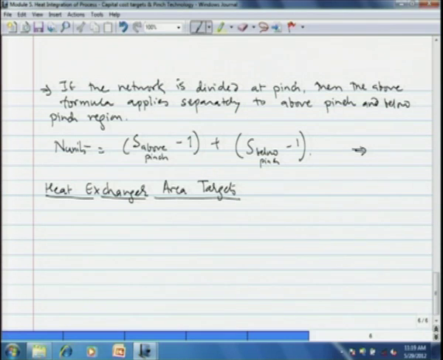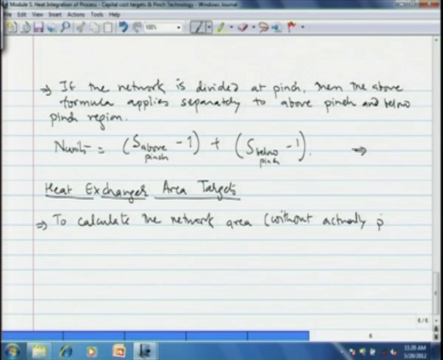So, we note that we have to calculate the heat exchanger network area without actually placing matches between hot and cold streams, but using composite curves.